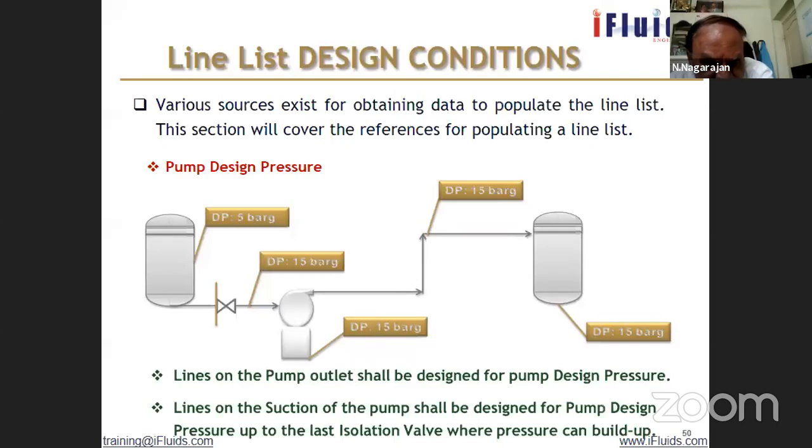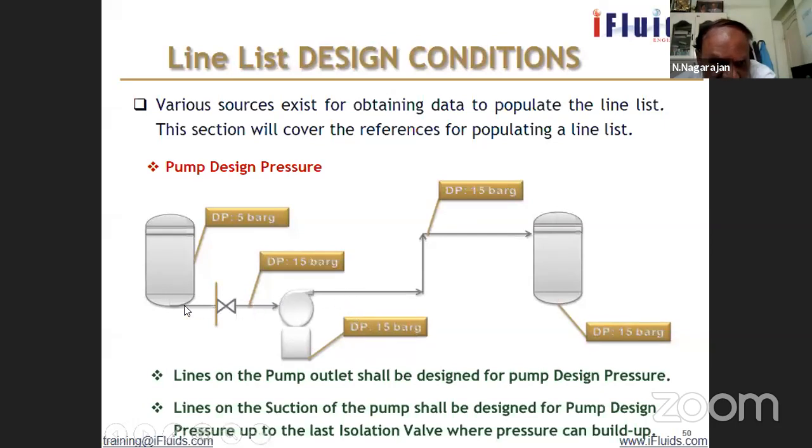You can see here one vessel is operating at a design pressure of 5 bar gauge. The connected equipment is 15 bar gauge. There is a valve in between these two systems. This is supplying to the pump, but the pump is discharging at 15 bar gauge. So the first isolation valve to the suction should be at 15 bar gauge pressure.